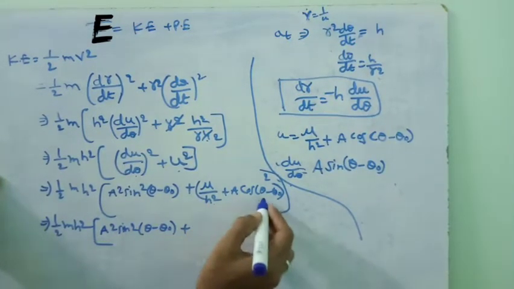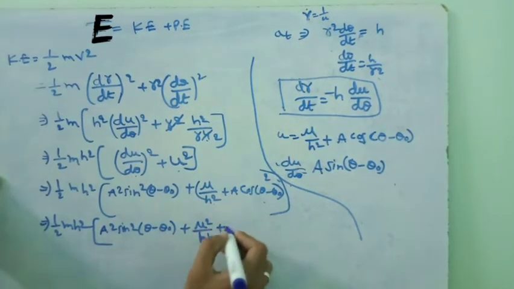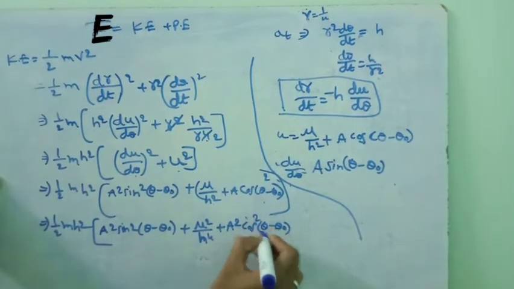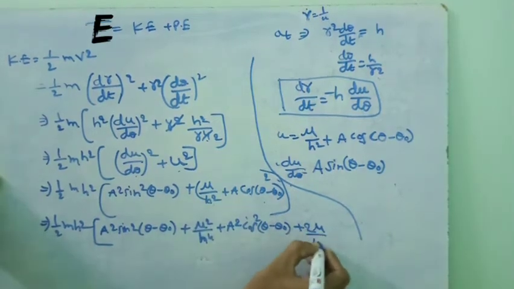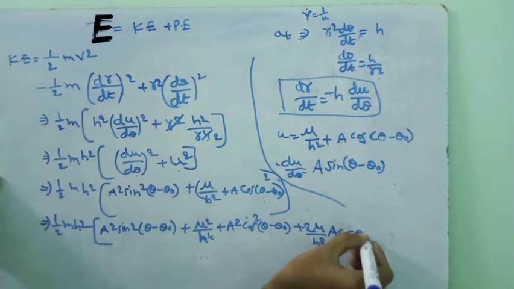So a square plus b square plus 2ab gives mu square by h power 4 plus a square cos square theta minus theta naught plus 2 into mu by h square into a cos theta minus theta naught.